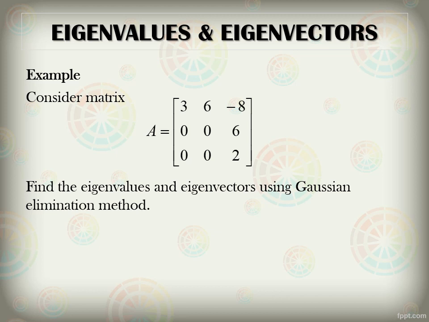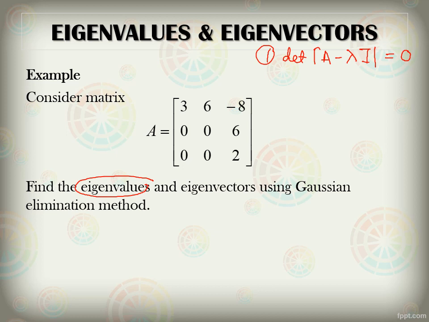So the first step is to find the eigenvalues. To find the eigenvalues, you need to find the determinant of matrix A minus lambda I and equate it to 0.